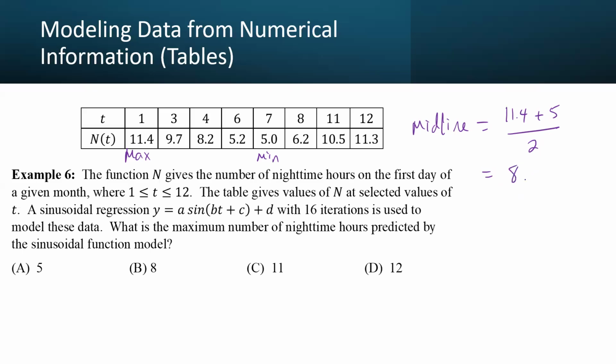Okay. So that's our midline. And then to find what is the maximum number of nighttime hours predicted by a sinusoidal function, our A would be, what would our A be?